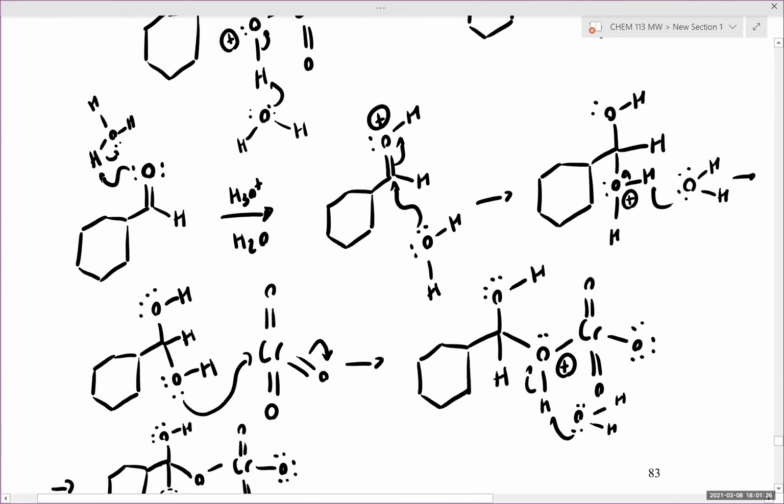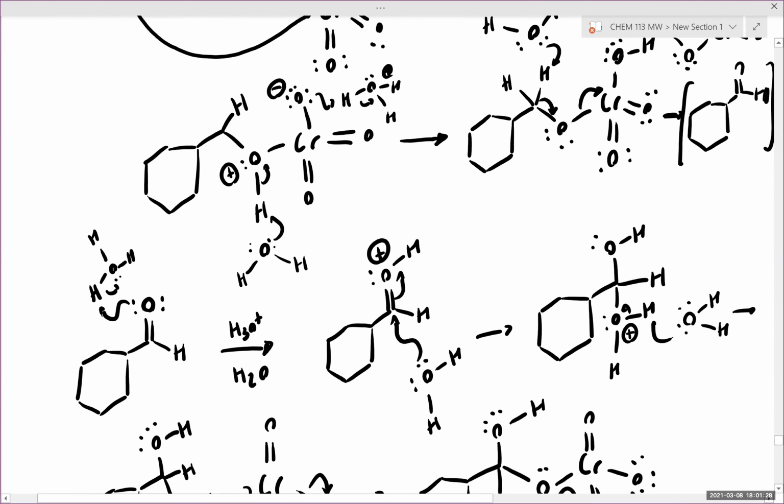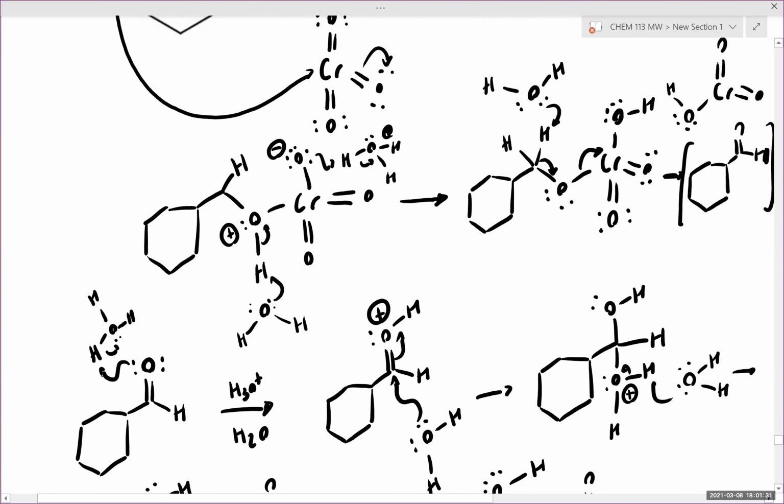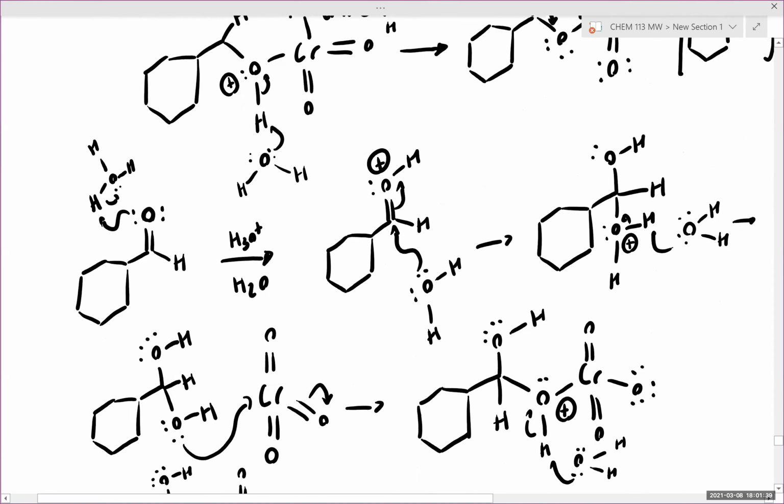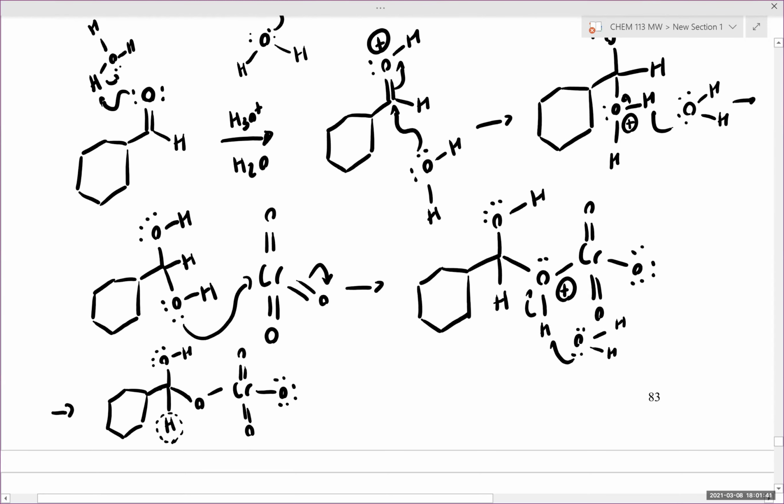Just like our first oxidation step, where we removed an equivalent of hydride to give our intermediate aldehyde, what is going to remove an equivalent of hydride in this second oxidation step?